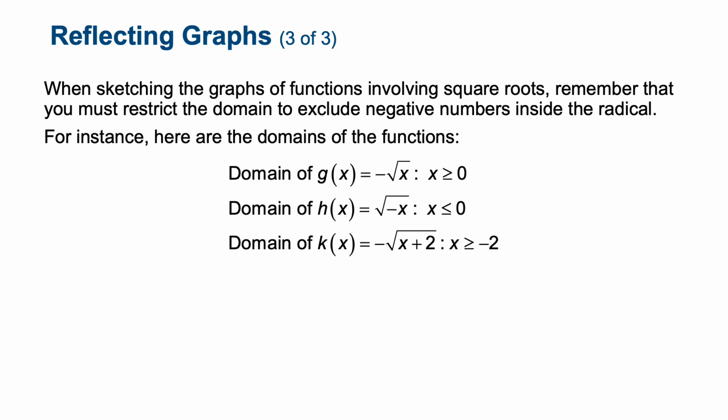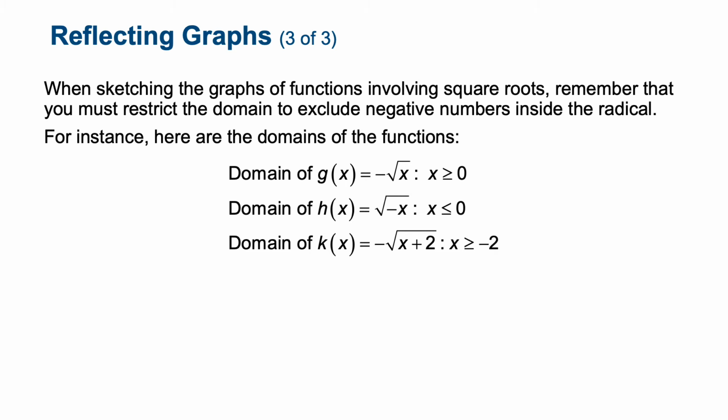Okay, so when you sketch the graphs involving square roots, we have to remember to restrict the domain to exclude negative numbers inside the radical. So for instance, say we have here, what's the domain of g of x when the function is negative square root of x? Well, anything underneath the radical has to be greater than or equal to 0, so that's that one. What's the domain of h of x when there's a negative x underneath the square root?